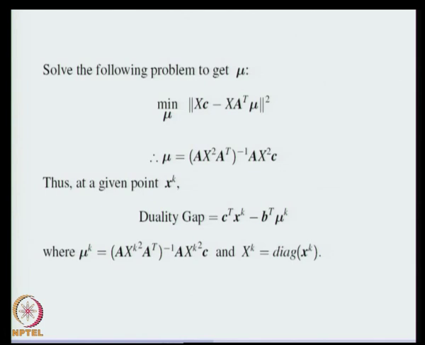So, x k can be used to find mu k, and then C transpose x k minus B transpose mu k gives us the duality gap. And therefore, the stopping condition for an algorithm could be that C transpose x k minus B transpose mu k is greater than 0, because the duality gap is always greater than or equal to 0, and the algorithm would terminate when the duality gap is equal to 0.